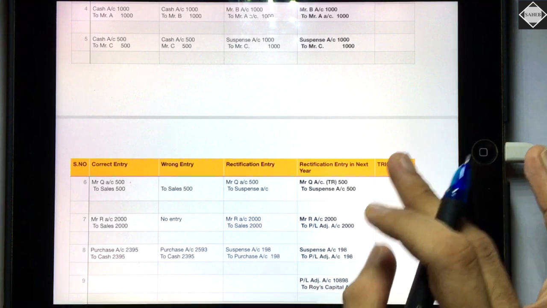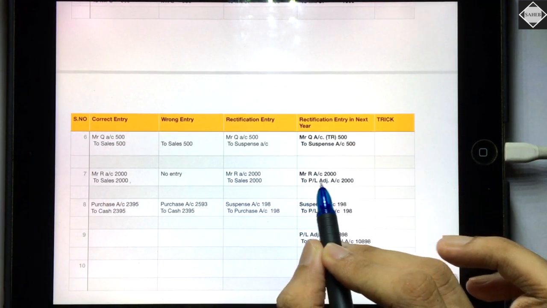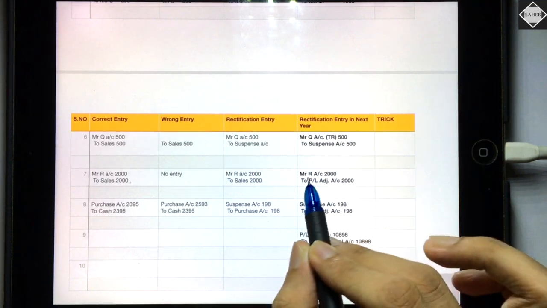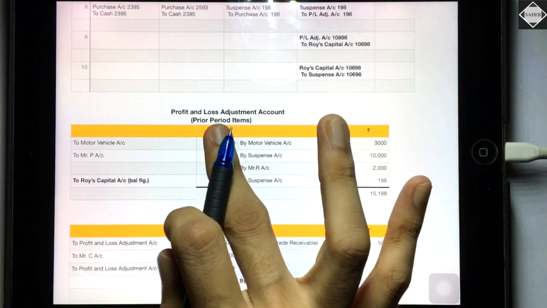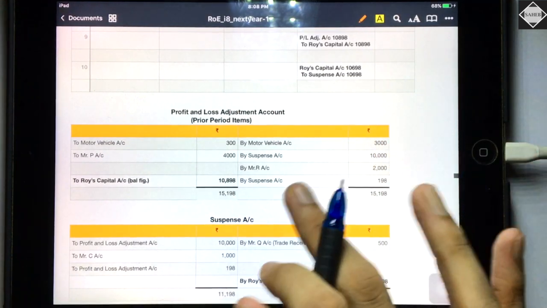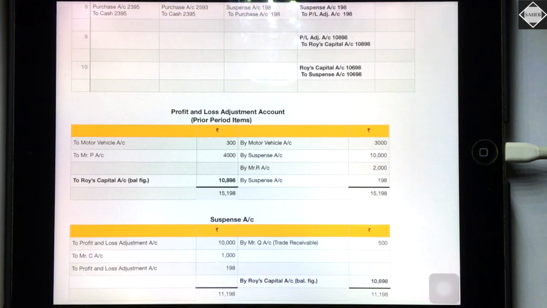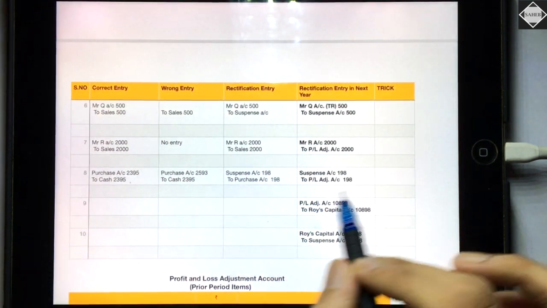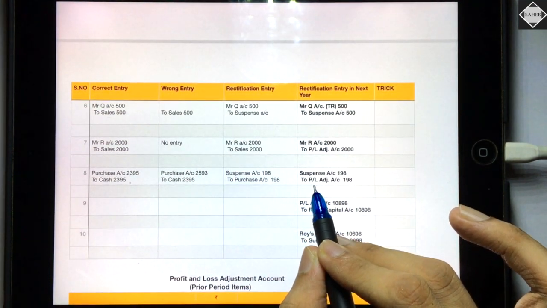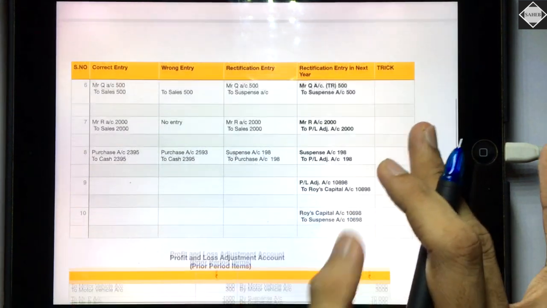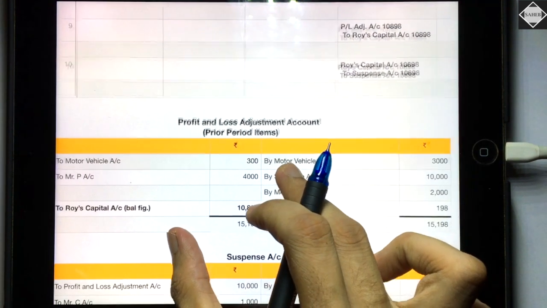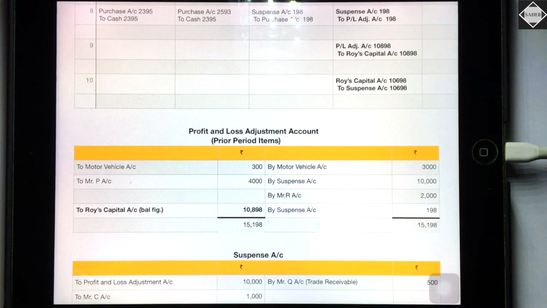In 6, nothing. In 7, Mr. R account to P&L adjustment account. So P&L adjustment account is getting credited because of Mr. R, 2000. Next, in the 8th transaction, last transaction, P&L adjustment account is getting credited because of suspense 198. Okay, you got this? Easy.